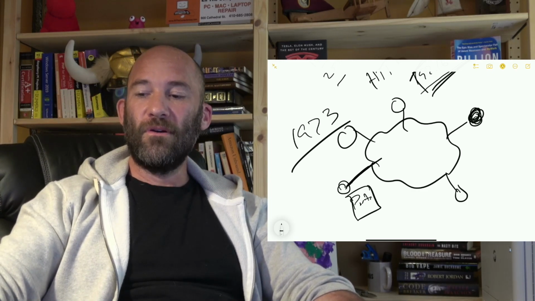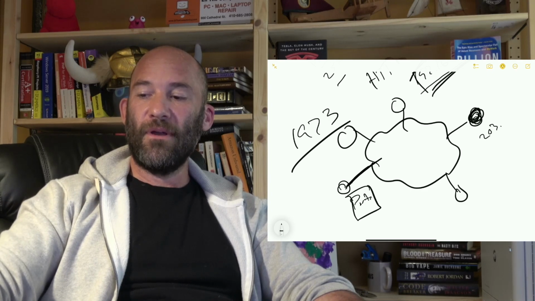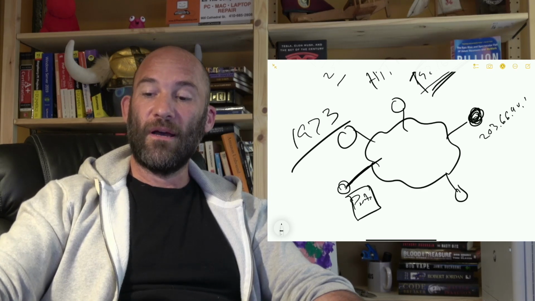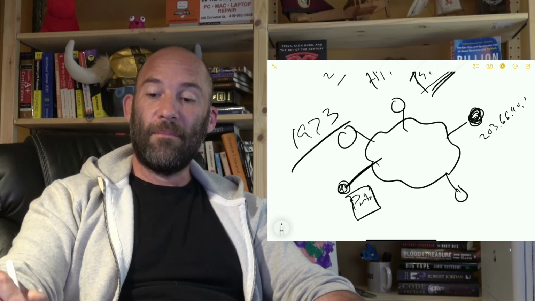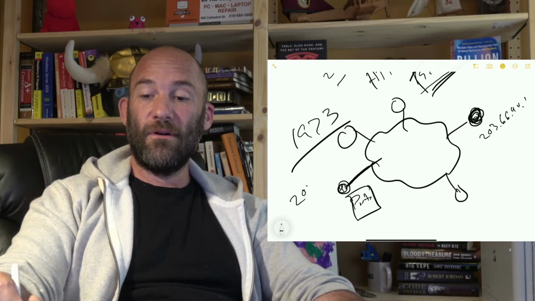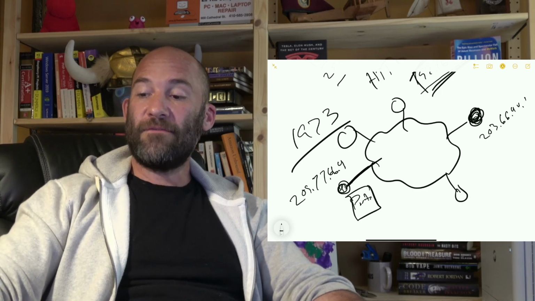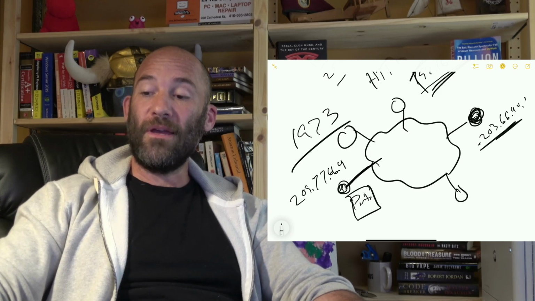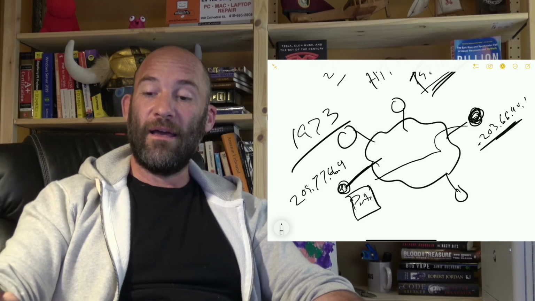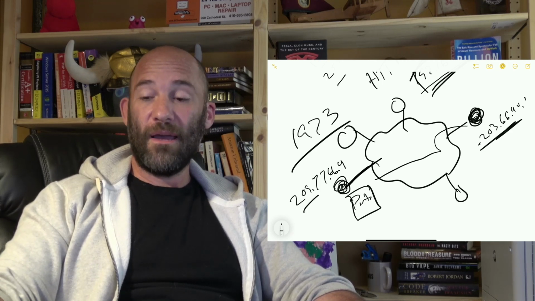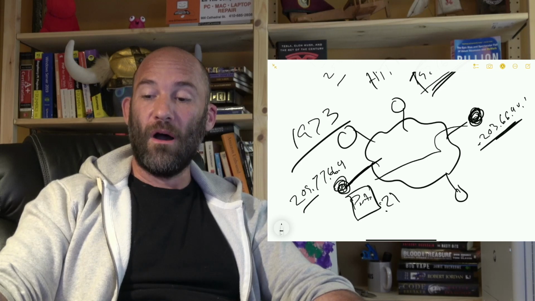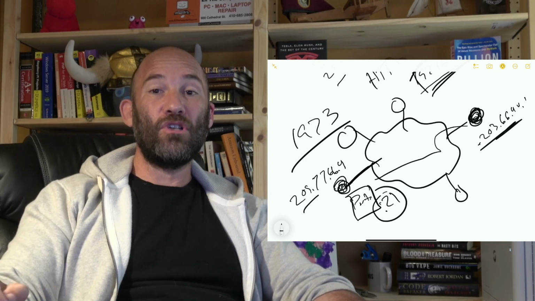So if one person over here was at 203.66.44.1, let's say, and you have an IP address here of, I don't know, 209.77.66.4, if the 203 person wanted to go through the internet and connect to the 209 person at port 21, that was just there.